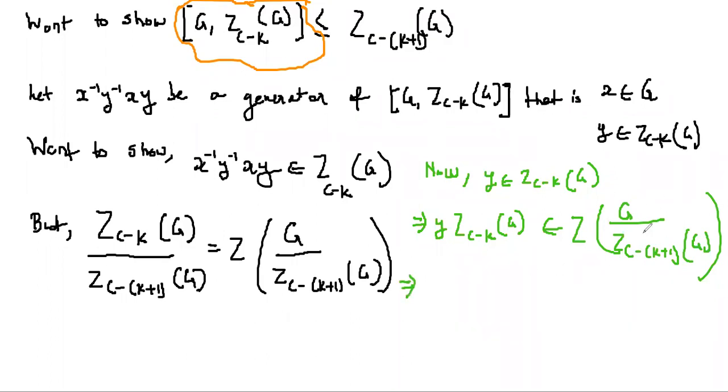It commutes with all elements of this, right? Sorry, there is something I have written wrong here. This is not the coset from c minus k, it is from c minus k plus 1.